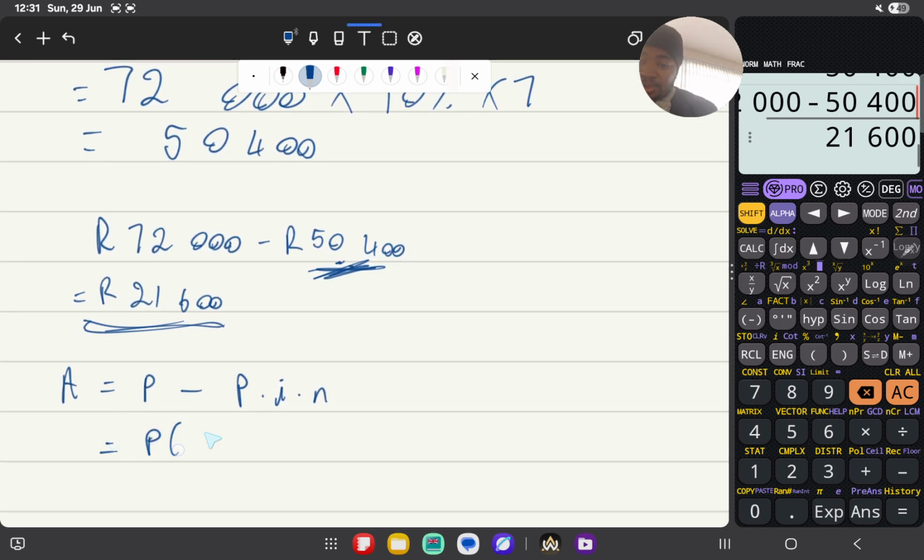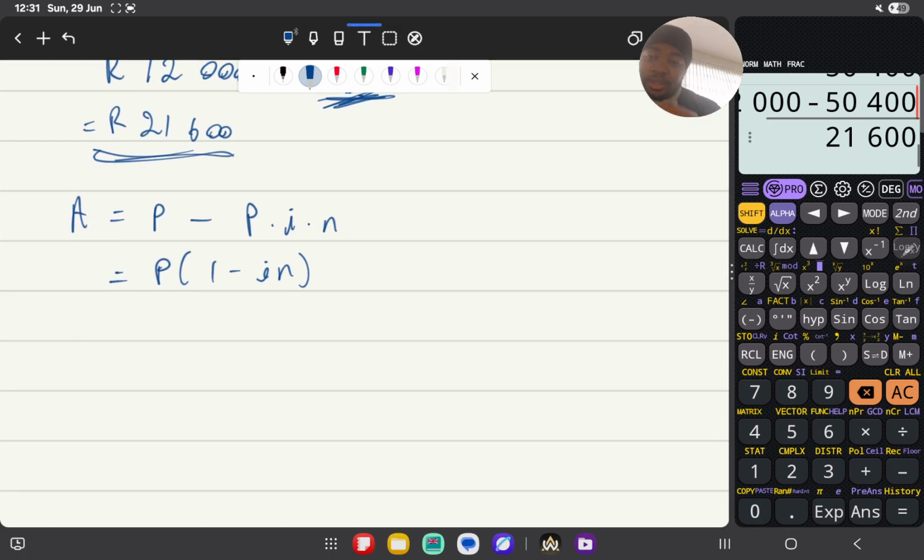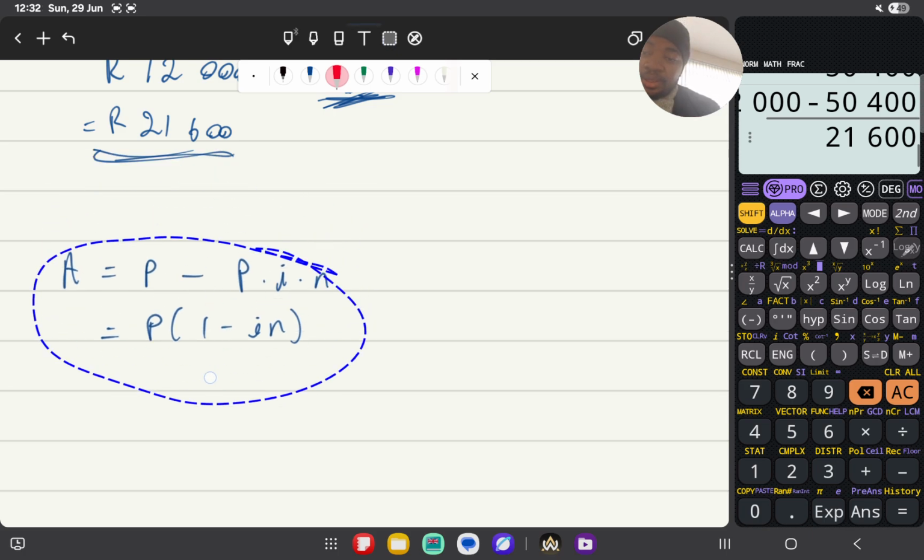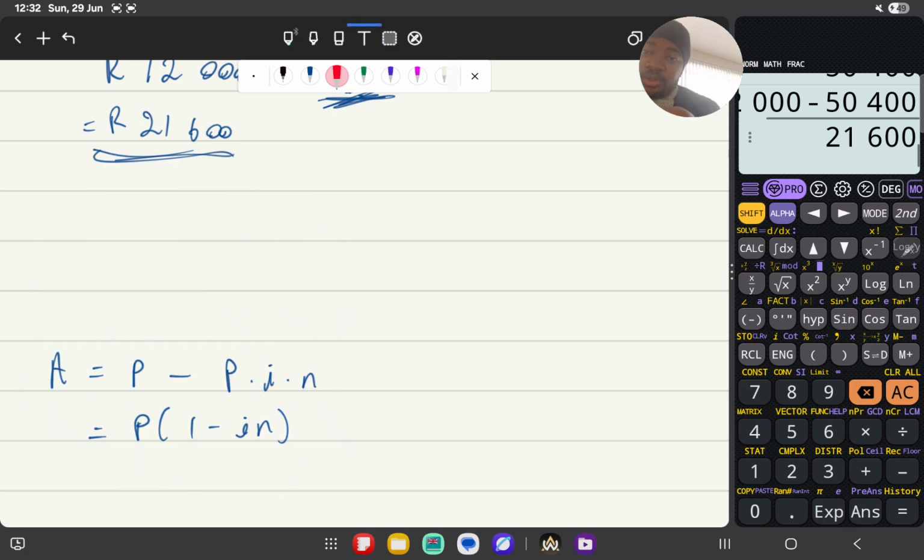Therefore, we have P(1 minus iN), and this, my friend, is the formula we are going to use. This one is our straight line depreciation formula, our simple depreciation formula. Whenever we're talking about simple depreciation, that's your formula right there.